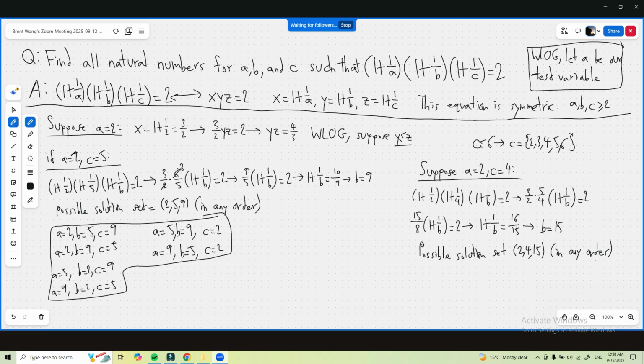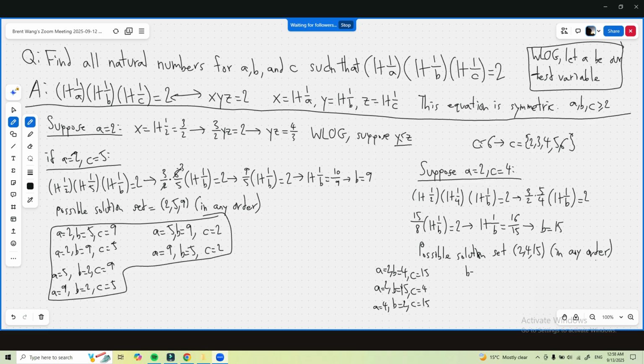So that means A is equal to 2, B equals 4, C equals 15; A equals 2, B equals 15, and C equals 4. The third one is if B equals 2, A equals 4, and C equals 15.